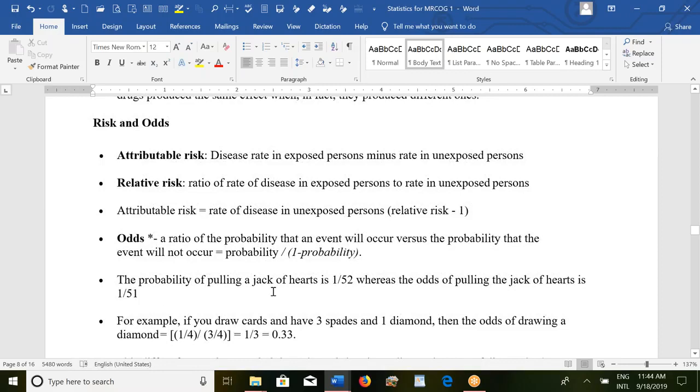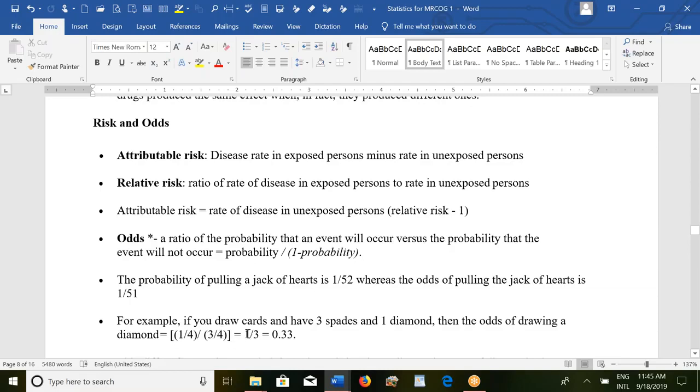The probability of pulling a jack of hearts: there are 52 cards, so the probability of the jack of hearts is 1 by 52, whereas the odds of pulling the jack of hearts is 1 by 51. For example, if you draw cards and have 3 spades and 1 diamond, then the odds of drawing a diamond are equal to 1 by 3.